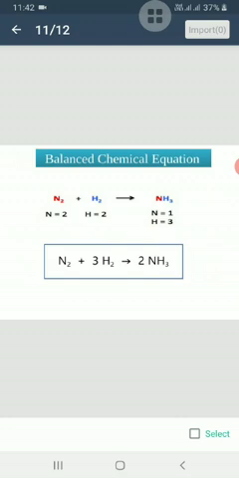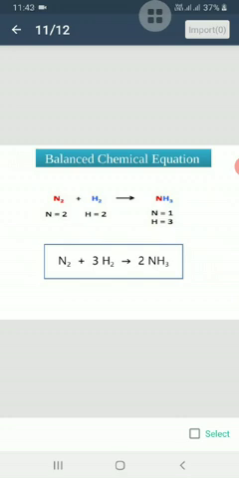So the chemical equation shows the result of a chemical reaction in which the reactants and the products are represented by the symbols or formulas. Between the reactants and products, we place the sign arrow. If there are more than one reactants, we will put the sign of plus, as we do in the example.